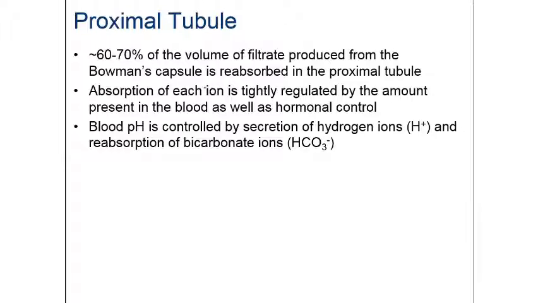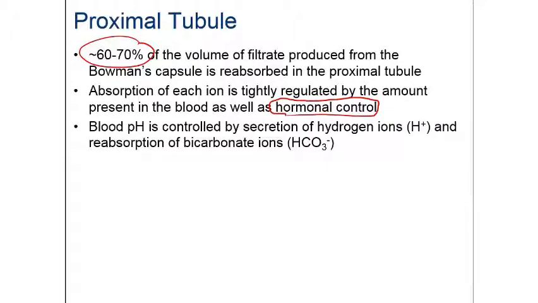So after the filtrate passed through the proximal tubule, 60 to 70% of what you've lost in the glomerular filtration step will now be taken back into the blood. And how much you reabsorb is going to be tightly regulated by hormones as well, right? Sometimes we don't need as much of a particular ion.